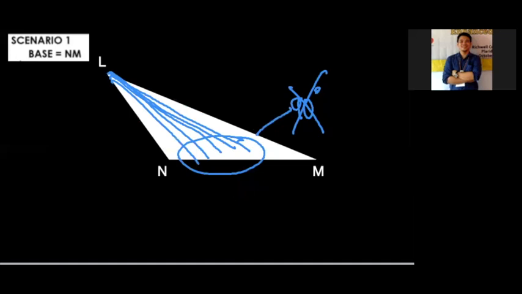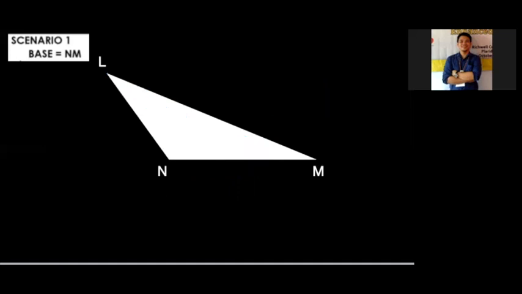But we can draw such a line perpendicular to the base outside the triangle. How can we do that? We just extend the base NM to the left by putting here an imaginary line as our extension of the base. So we can now draw the height from the vertex L that is perpendicular to base NM.